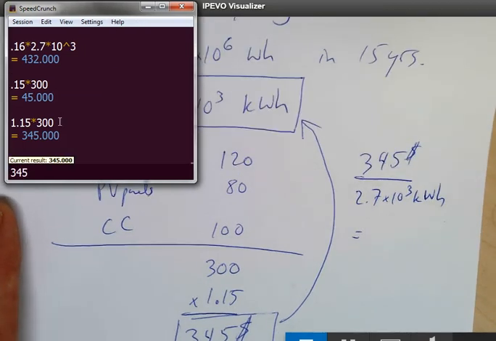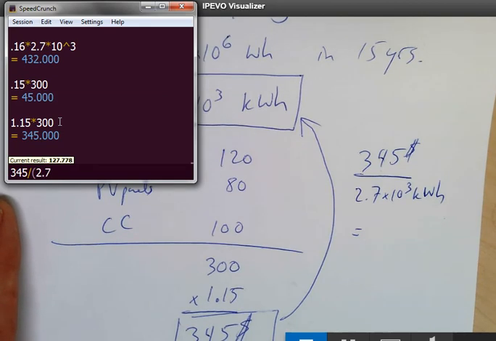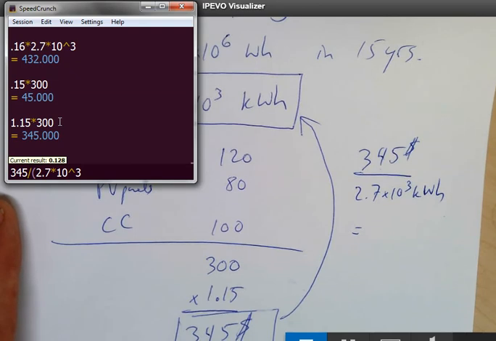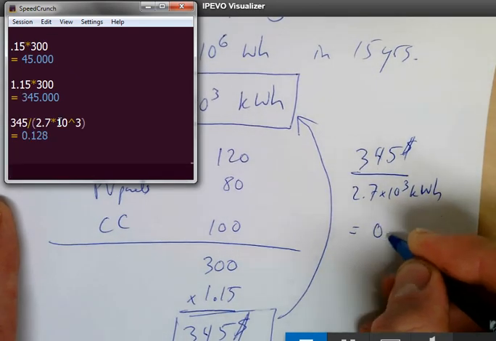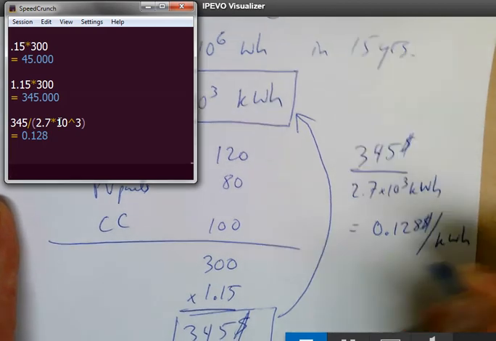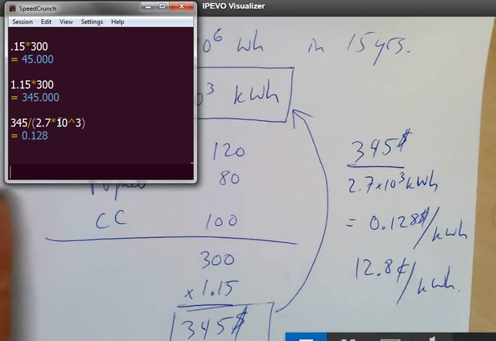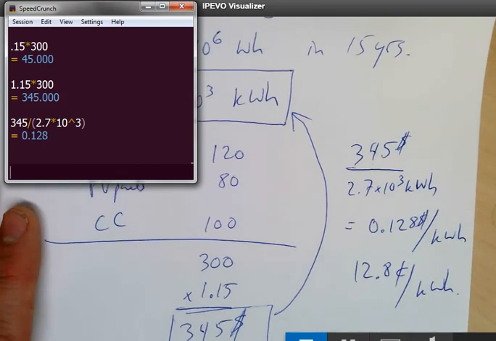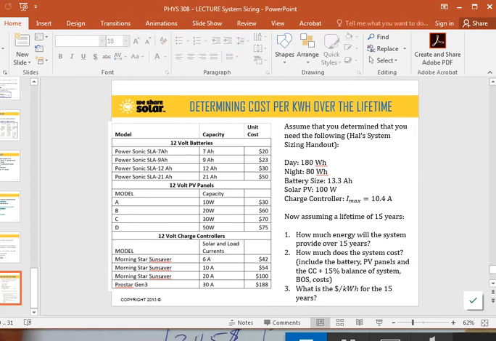I'm going to do 345 divided by 2.7 times 10 to the third, and it looks like the number is $0.128 per kWh, which is 12.8 cents per kWh. So it actually costs less than it would cost in the state of California to pay PG&E. Hey, what are those guys doing? They're charging us too much.